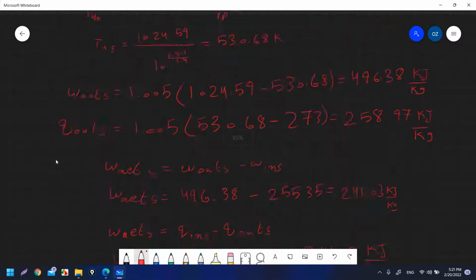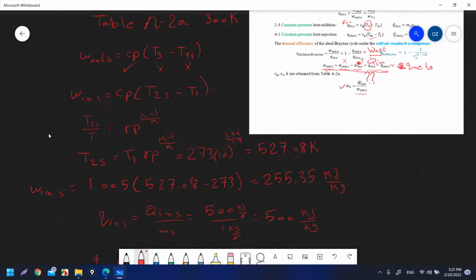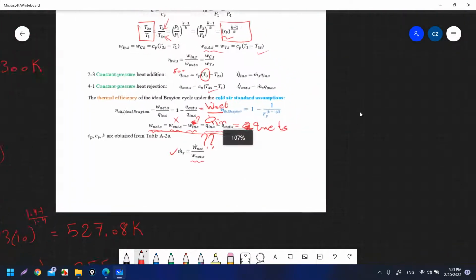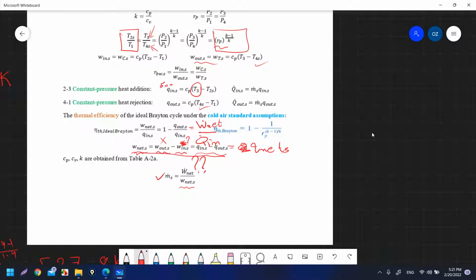Okay. The second part in this question was to find the thermal efficiency of the ideal Brayton cycle. As you can see, I calculated the Q net S and Qn. I can use this equation, and also I can use this equation in terms of RP. As you can see, RP power K minus 1 over K is in the denominator, so I can replace it with T2S over T1 or T3 over T4S.